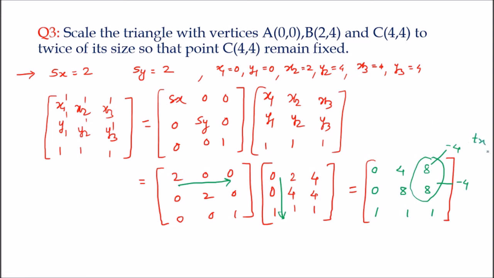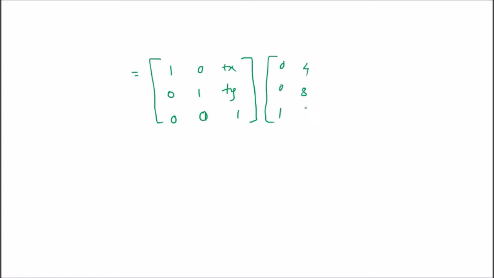Perform translation with tx equal to minus 4 and ty equal to minus 4 on these values, so that it becomes 1 0 tx, 0 1 ty, 0 0 1 multiplied by the matrix 0 0 1, 4 8 1, 8 8 1.